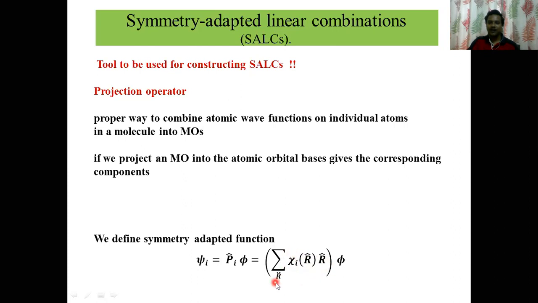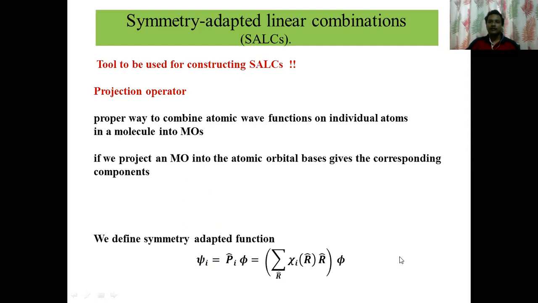Then if you sum them up over all the operations, that is going to give you the resultant molecular orbital of symmetry type, let's say, A1, right? If I go for the character of A1, then it's going to be A1. If I go for B1, then it's going to be a molecular orbital of B1 type. Okay, so unless we do it, it may not be that clear.